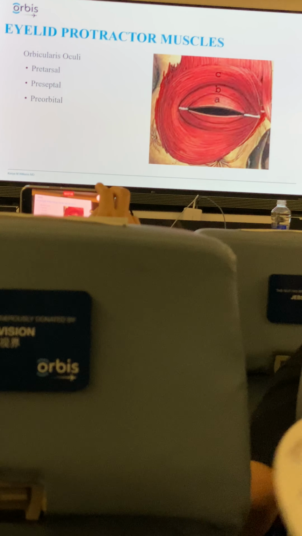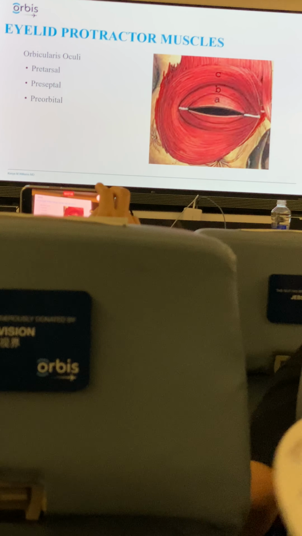An eyelid retractor, or in the upper lid, what opens the eye, the major retractor is the levator aponeurosis. The levator aponeurosis originates at the apex above the annulus of Zinn.